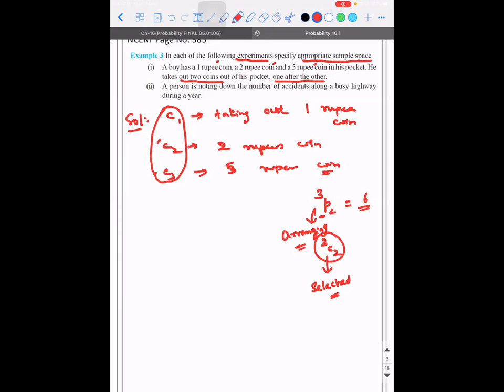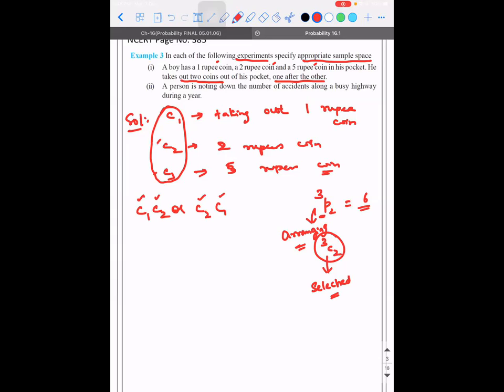Right? Are you able to understand? So he could have either got the first coin in the first draw, or he could have got the second coin. Or what is the vice versa? He could have got the second coin first and the first coin next. Does it make sense? Here, C1, C2 is not the same as C2, C1.